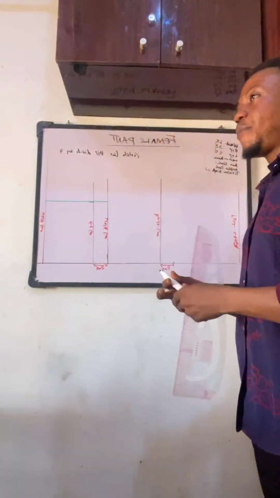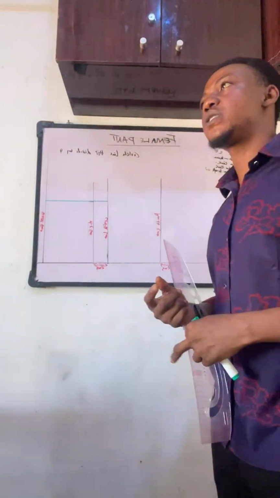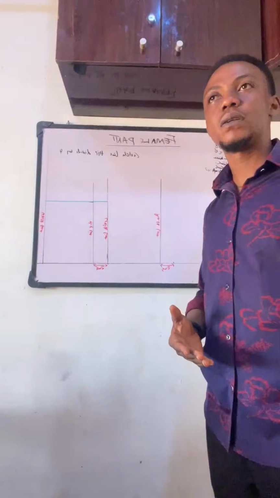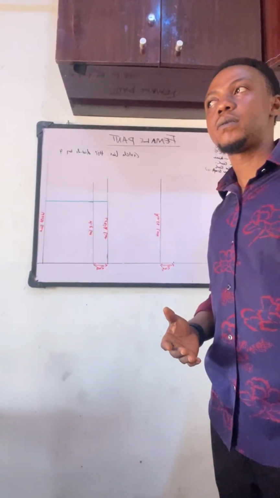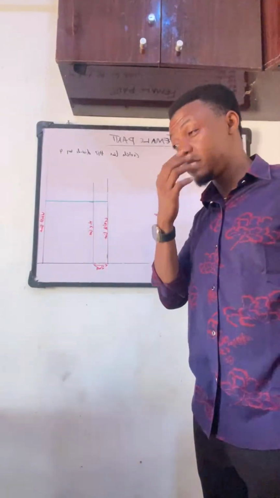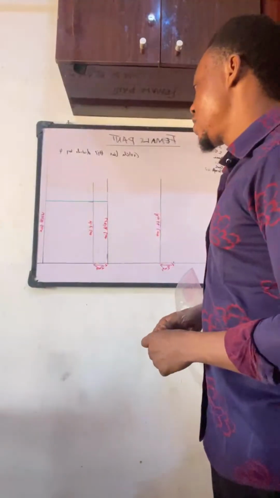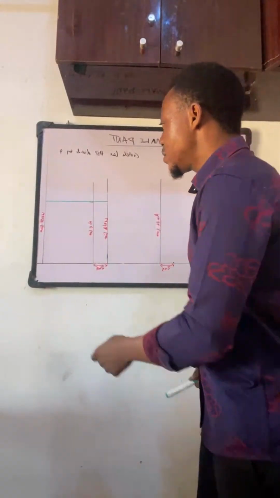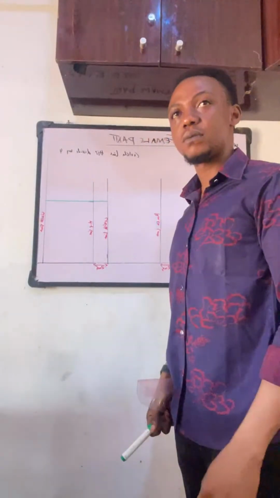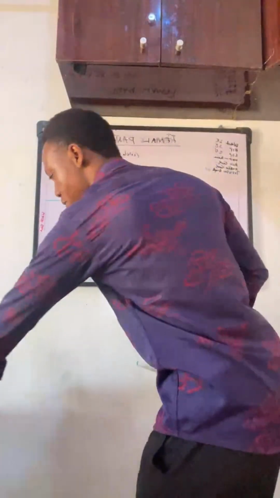Now, the person's waist is how many? Let's assume the person's waist is 28. 28 divided by 4 is how many? 7. Alright. 28 divided by 4 is 7. So that means we measure from here to this place 7.